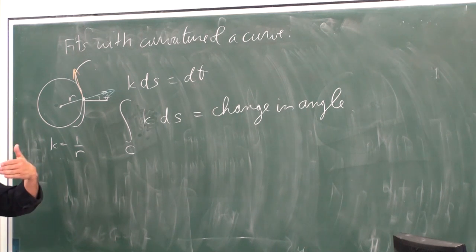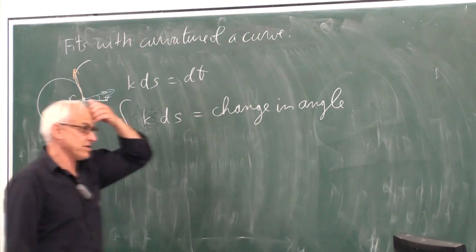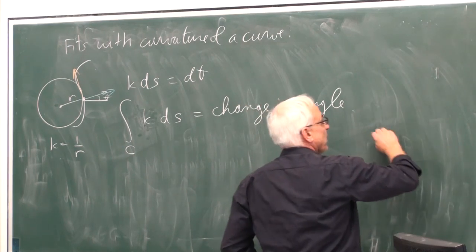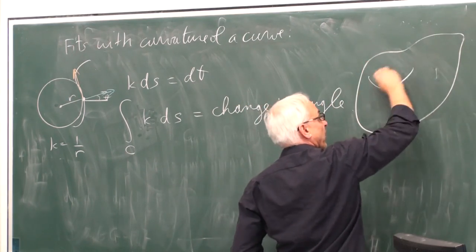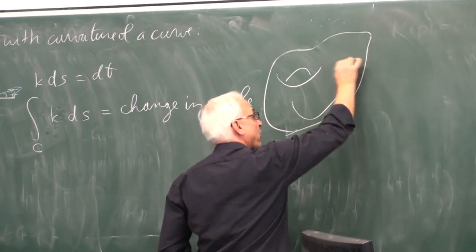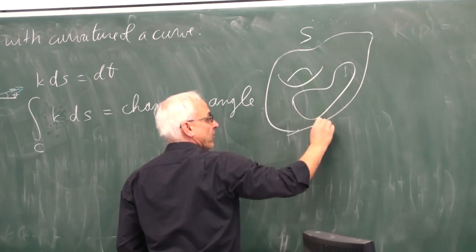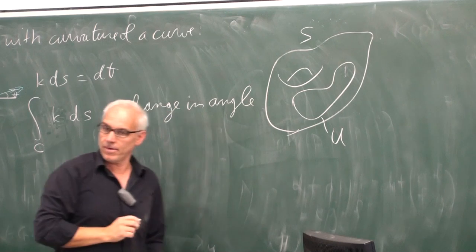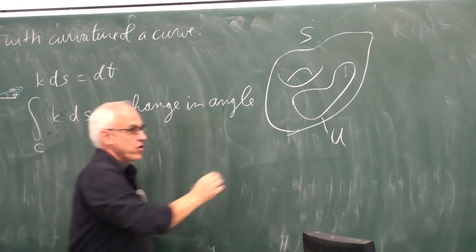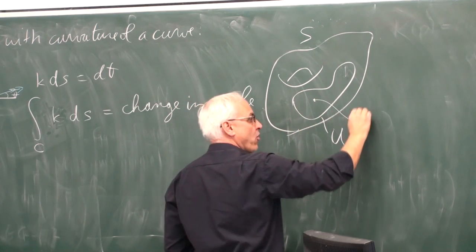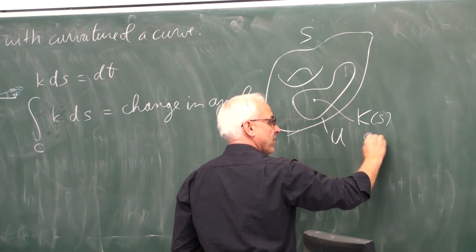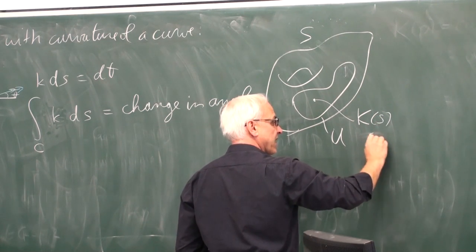So the same kind of reasoning now applies to our two-dimensional situation. Now we have a surface S, and some portion of the surface, let's say U, and we have our curvature function. At every point we have K of S, the Gaussian or second curvature.